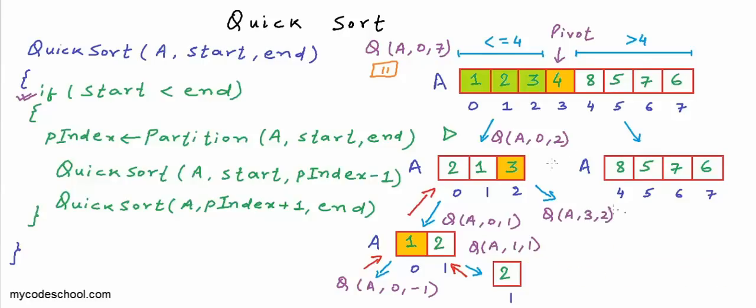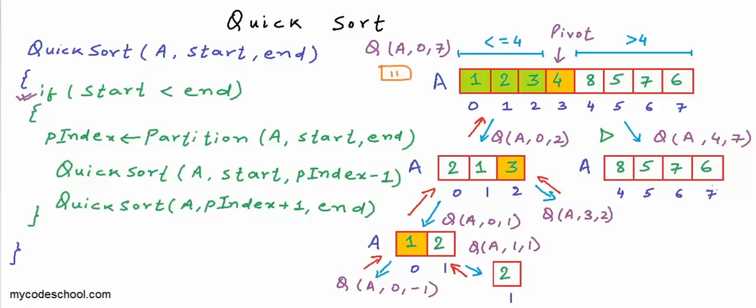Once again this is an invalid segment, so this will simply return, and now Q A 0 2 will return, Q A 0 7 will resume, and now Q A 0 7 will make a call for the segment right of the pivot. A call like Q A 4 7 will be made.